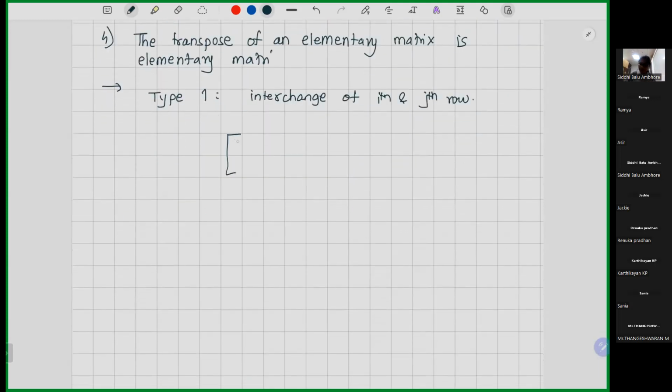If I just write this here, as an example in 3 cross 3, this is the elementary matrix E1,2, where 1 and 2 are interchanged. Now, what is the transpose of this matrix? It is the same matrix.